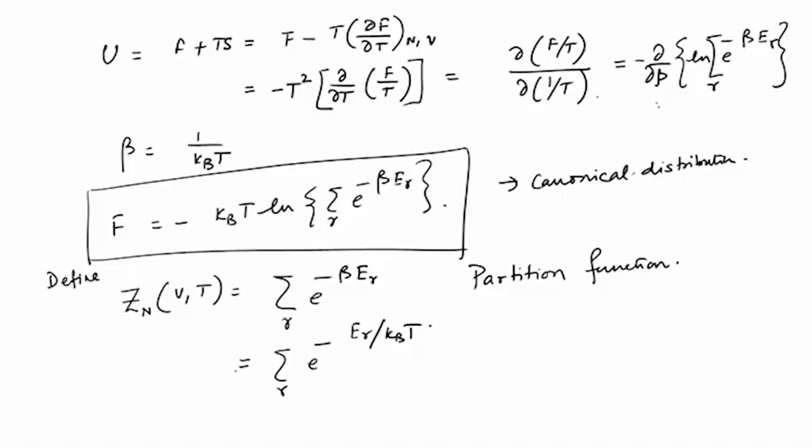So, the trick is to first obtain the canonical partition function by evaluating this sum. We will discuss many cases in the coming classes, so that you understand how to evaluate this sum in closed form. In most of the situations that we deal with, a closed form for this sum is available, and once we get that, we can calculate the free energy.